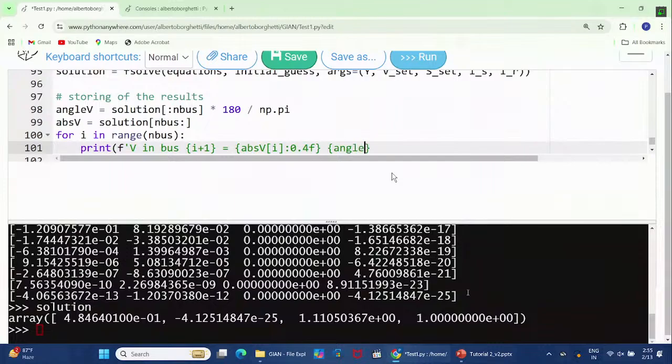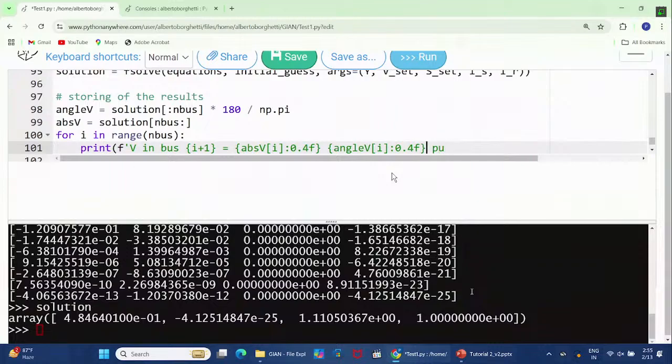Angle V, it is the element i, and also for the angle we can just put 4 digits after the dot. At this point we can say that this is the value in per unit.